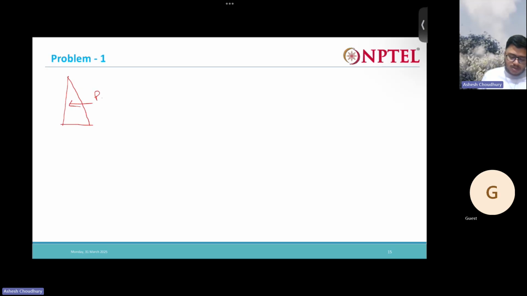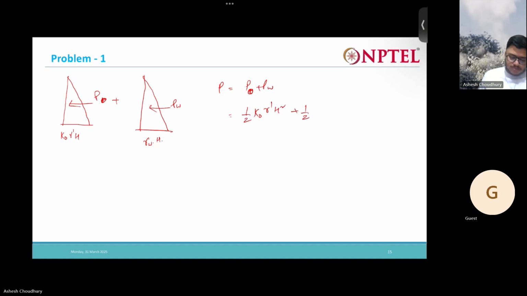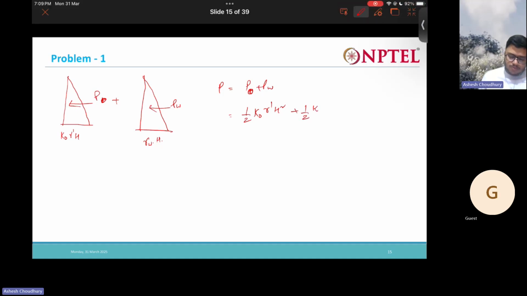So this is one: K naught gamma prime into H, plus here one more, it is gamma w into H. The total thrust is P1 plus P W. Or not, it's P naught, sorry, it's P naught. Not K, there won't be any K here.